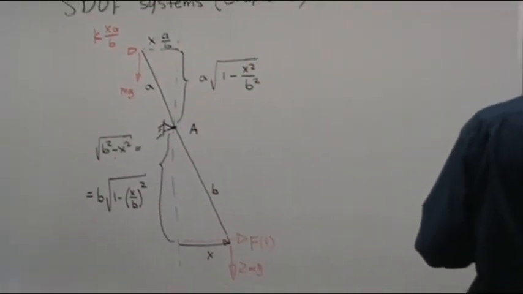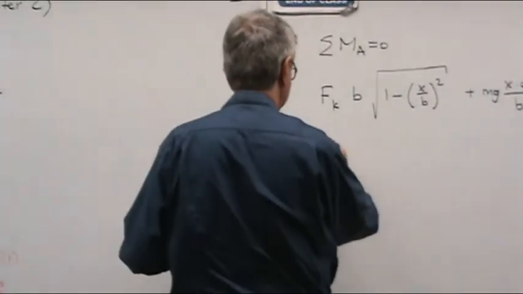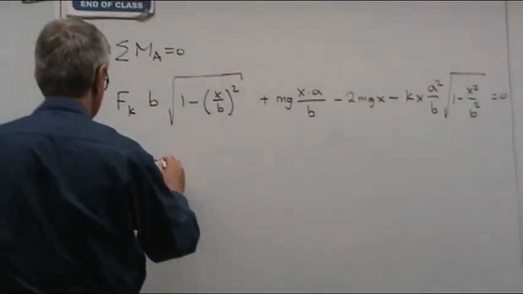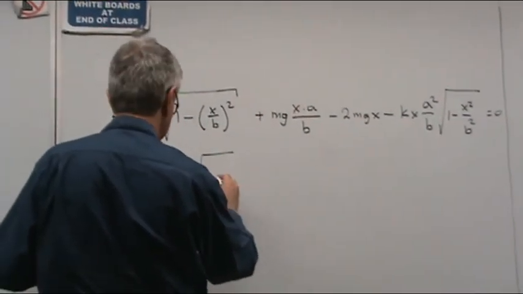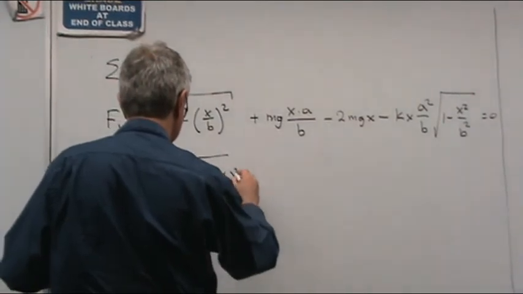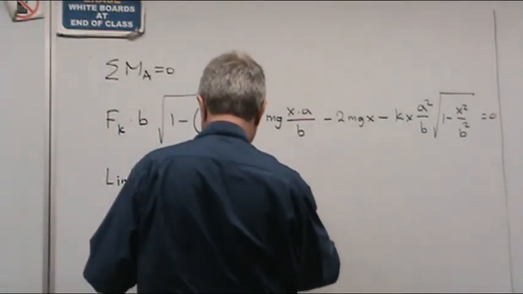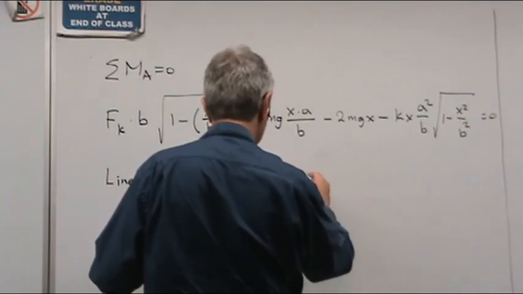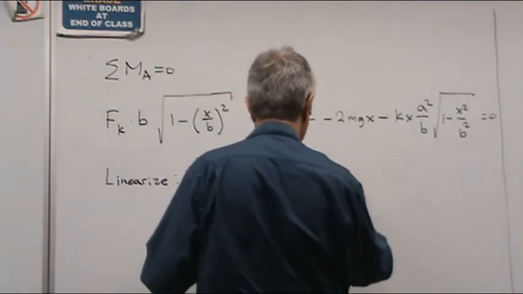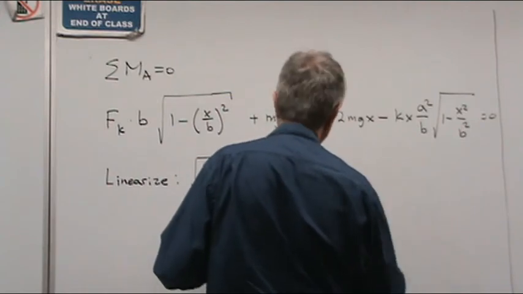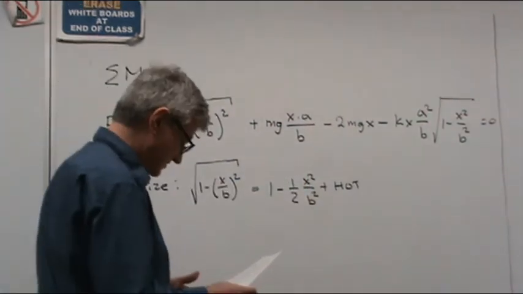Now, if we linearize these 2 terms that are in the square root, the square root of 1 minus (x over b) squared is equal to 1 minus 1/2 x squared over b squared, this is a Taylor expansion, plus higher order terms, and assuming that x is small, x squared becomes negligible.